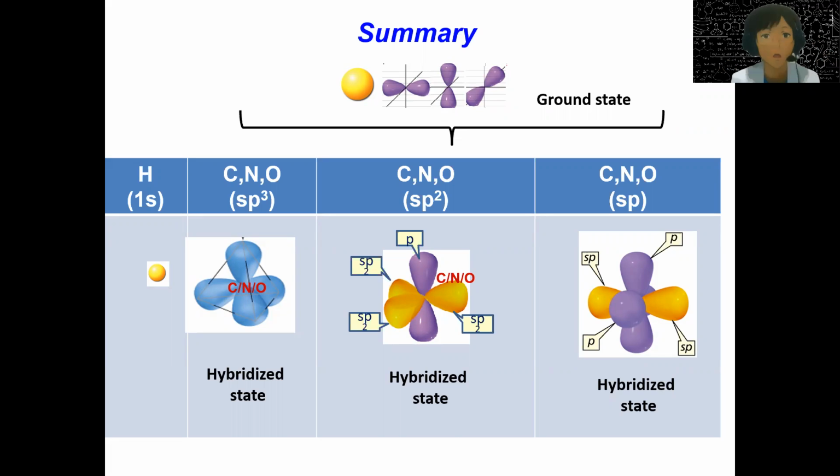It's still at the 1s orbital. However, for carbon, nitrogen, and oxygen, in the hybridization state, you have the sp3 hybridization, in which one 2s orbital mixes with three 2p orbitals. In total, you get 4 sp3 orbitals.